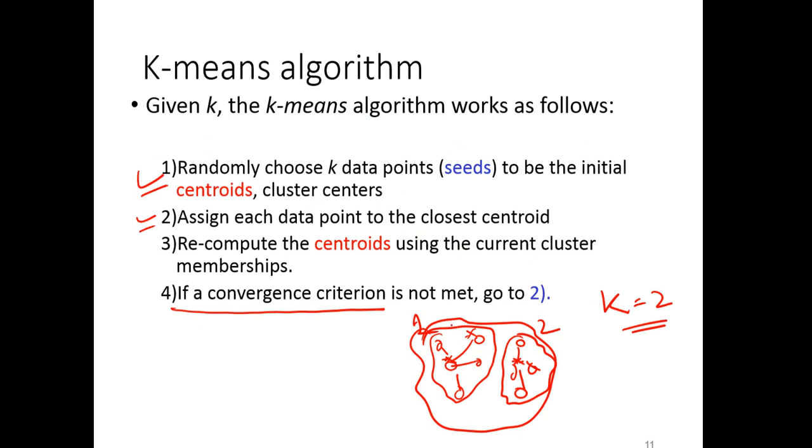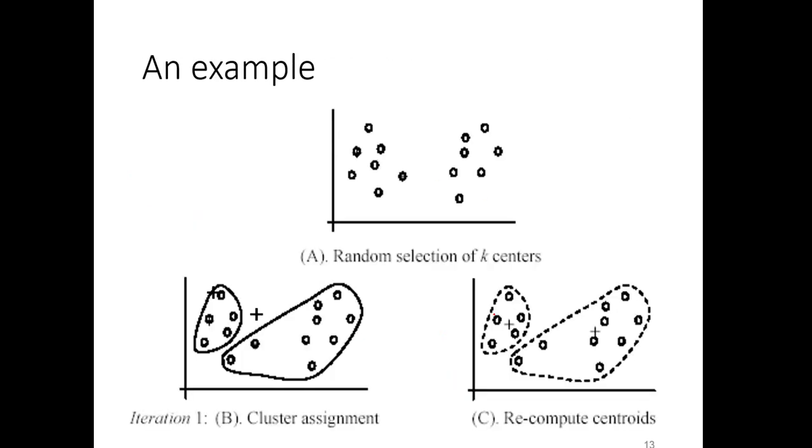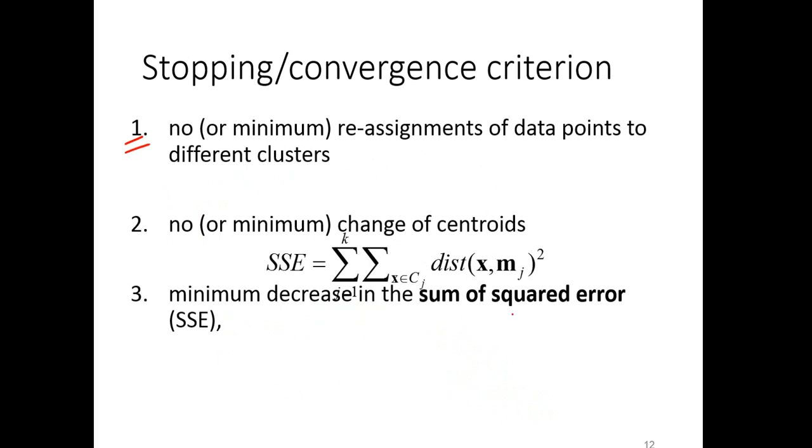There will be a time when there is no reassignment. I'll show you an example in the next slide, and that will be clearer. There will be reassignment of data points to different clusters in every iteration, but there will be a point where there is no reassignment. In the next iteration, it's the same as the previous, and that's when we realize that we have reached convergence.